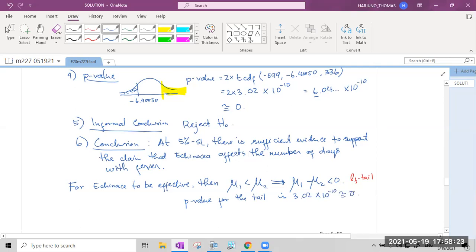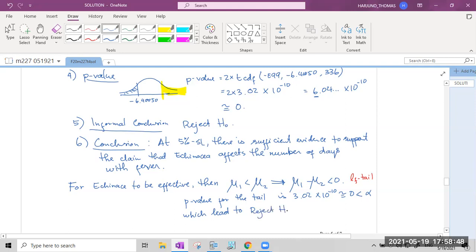Which is still less than alpha, which leads to rejection.